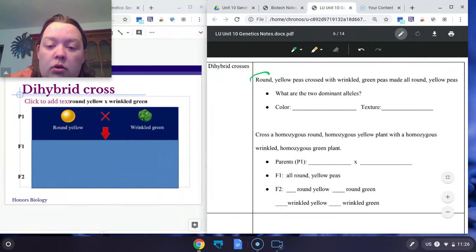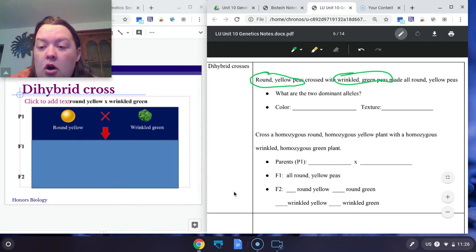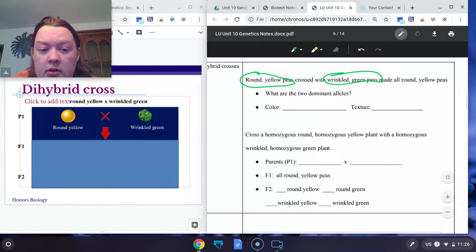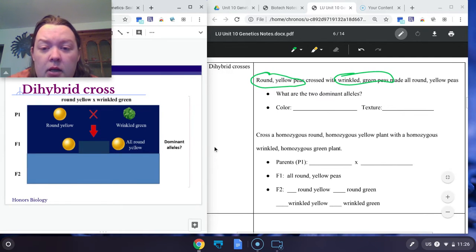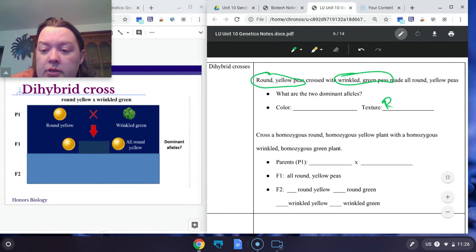So a pure round yellow pea is crossed with a pure wrinkled green pea. That cross created all round yellow peas. Because all of the peas in the result were round and yellow, that's going to help us figure out what's dominant and recessive. Because round covers up wrinkled, the round is going to be dominant. And because the yellow covered up the green, the yellow is dominant for color.